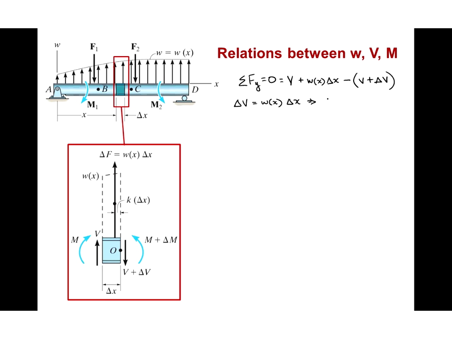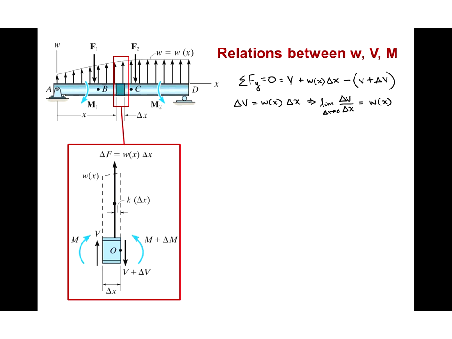If we divide both sides by delta x, we have delta V over delta x equal to w of x. Finally, we can take the limit as delta x goes to 0, as we shrink the size of our slice in the beam smaller and smaller to a differential.